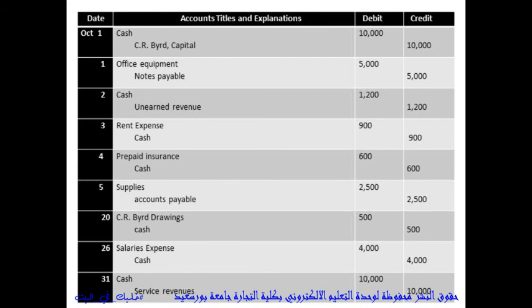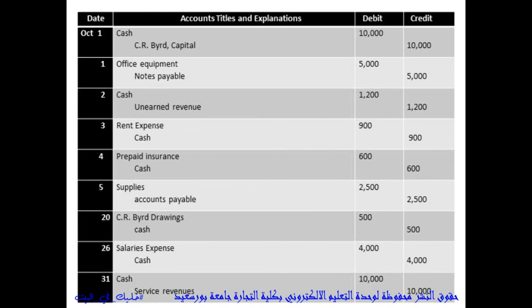The first column is the date, then account titles and explanation, and then debit and credit. In the first transaction, the cash will be debit and the capital will be credit for $10,000. In transaction 2, office equipment will be debit and notes payable will be credit for $5,000.